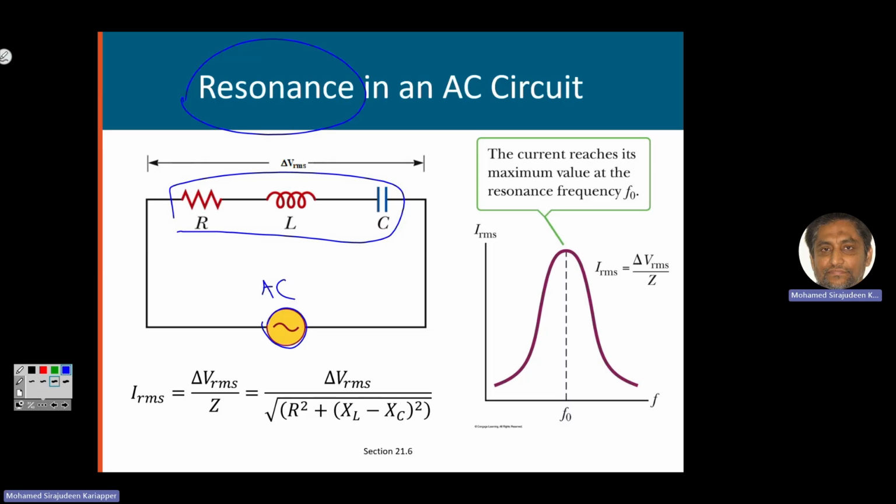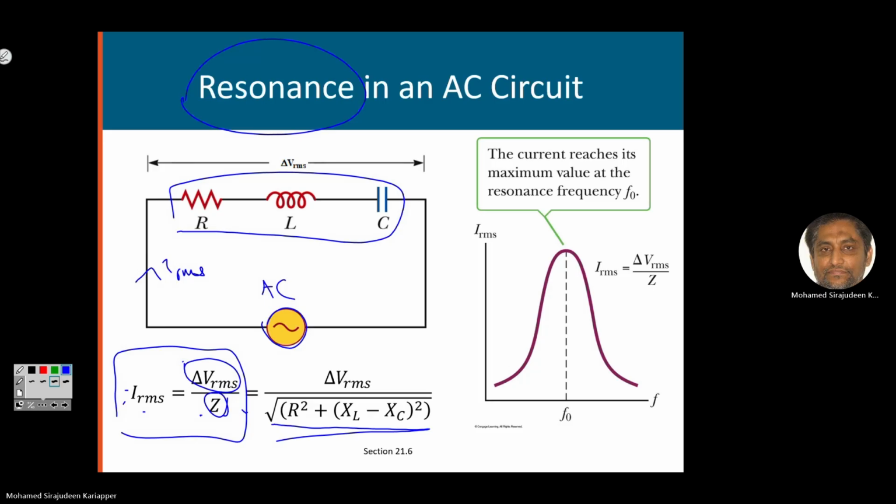And I can write the current through the circuit, say the average value IRMS, as the total potential or the source voltage, which is applied to all these three, divided by the impedance of the circuit. Ohm's law: voltage divided by impedance is equal to the current. For the impedance, I can write this in terms of the reactances and the resistance of these elements.